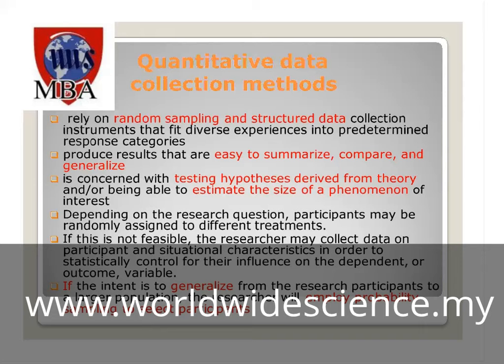As last session we talked about sampling, so now it mentions that if you want to generalize from the research participants to a large population, then the researcher will employ probability sampling to select participants.